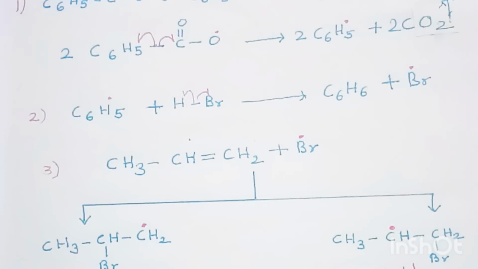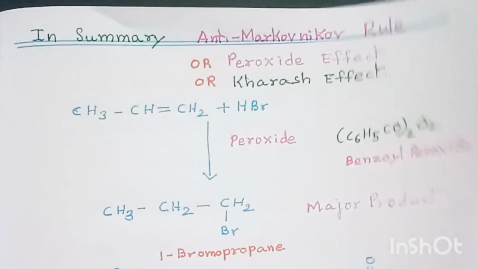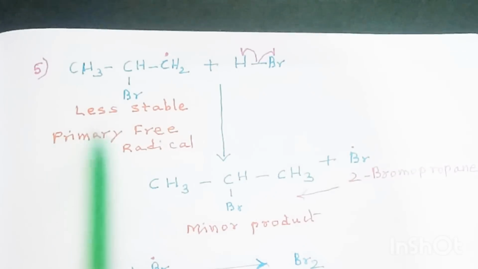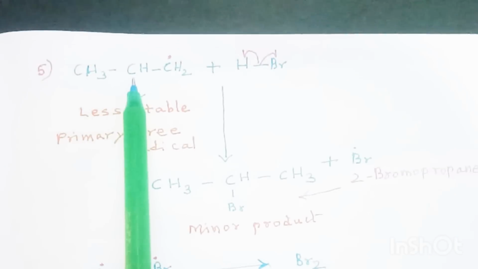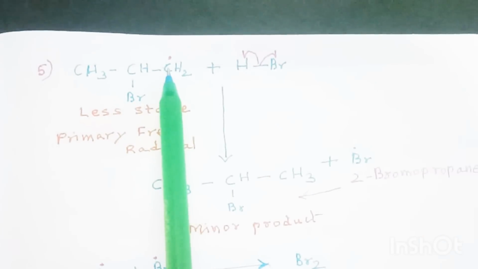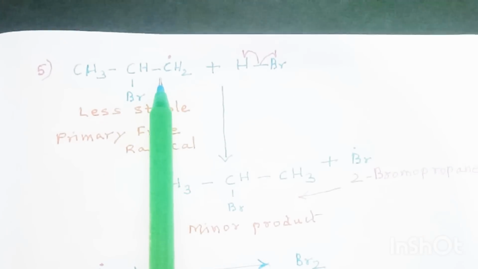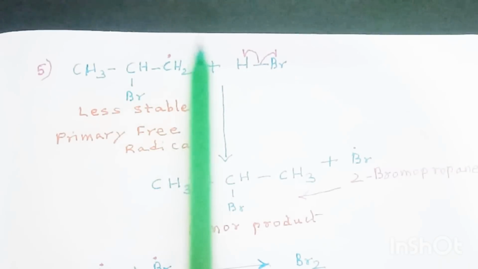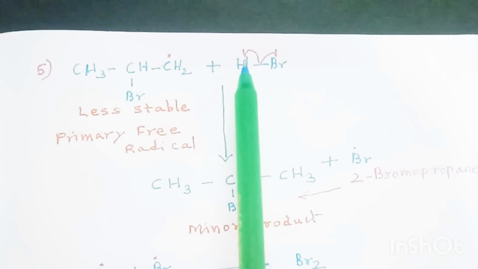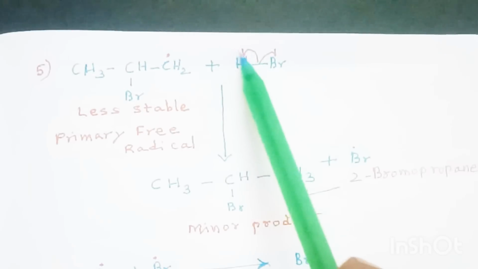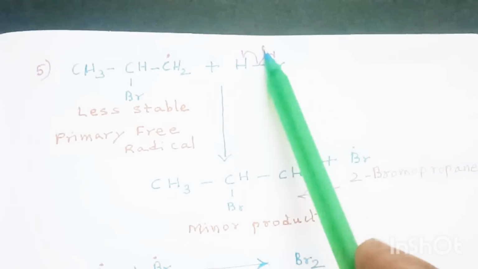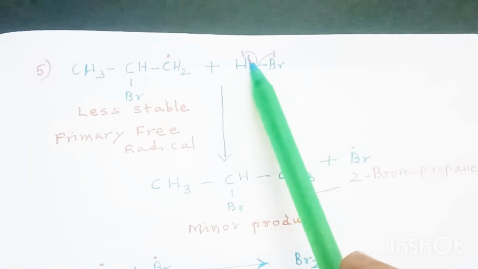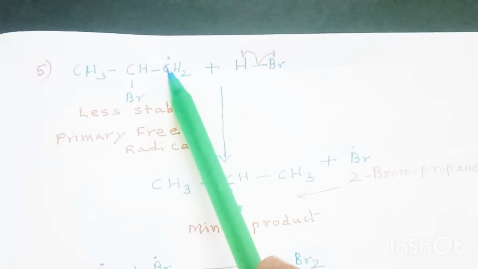Let us see how the minor product is formed. When the less stable primary free radical, that is CH3CHBrCH2 radical, attacks HBr, as a result the HBr bond breaks and becomes H radical and Br radical. This H radical gets attached to this carbon atom.